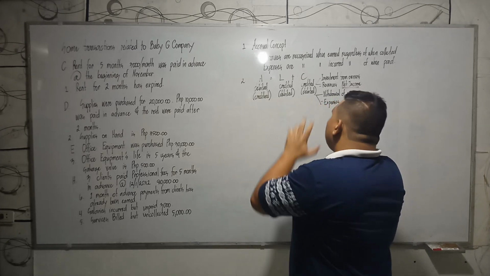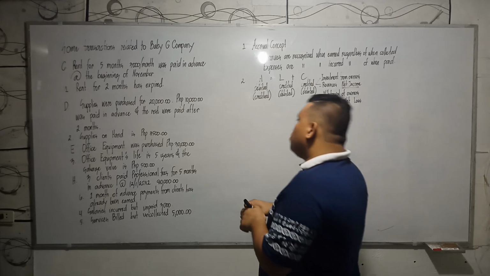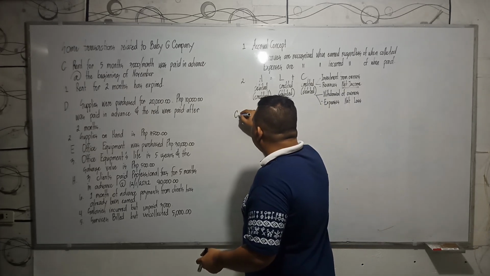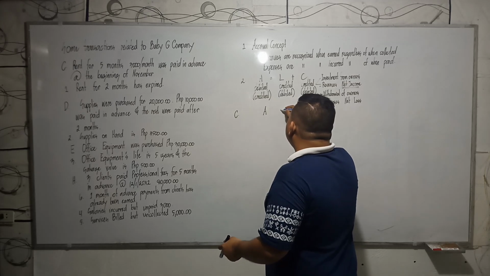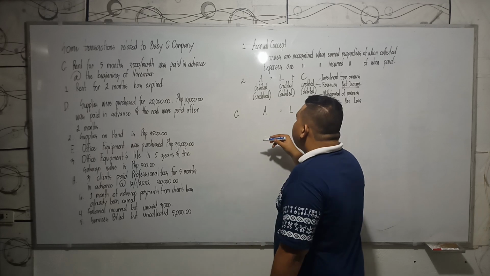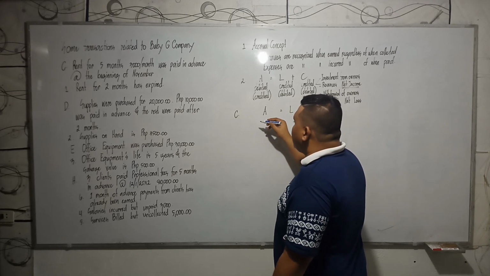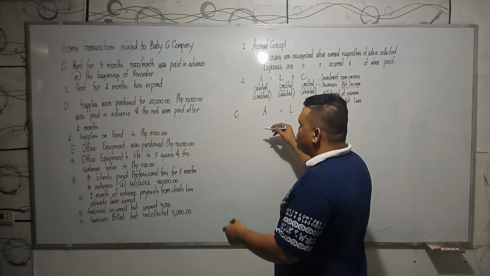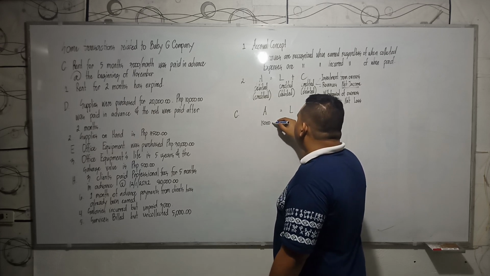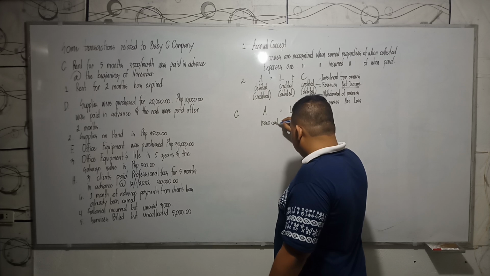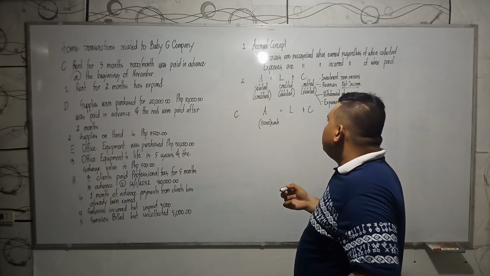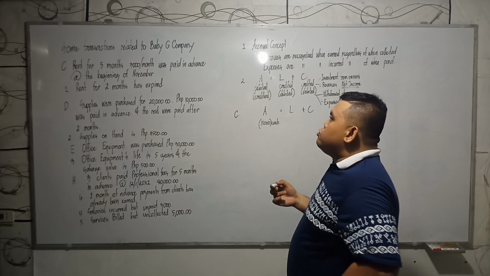Now, because of this accrual concept, I told you that for your analysis of letter C, if we have A is equal to L plus C, first, you have to recognize a credit to cash, or a decrease in cash, which is 15,000. Credit cash. This is the symbol for deduction in cash because you have paid for rent in advance.